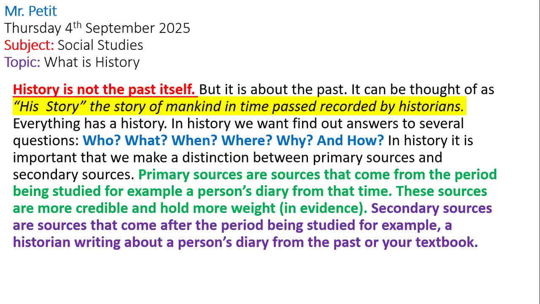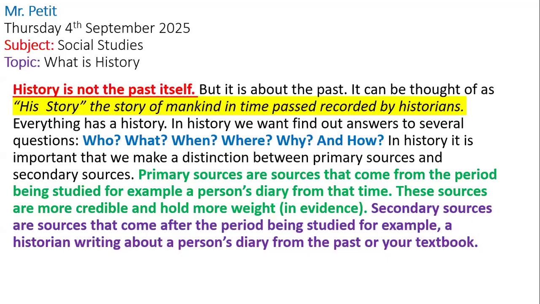Primary sources are sources that come from the period being studied, for example, a person's diary from that time. These sources are more credible and hold more weight in evidence. Secondary sources are sources that come after the period being studied, for example, a historian writing about a person's diary from the past or your textbook. Very good. Or your textbook.